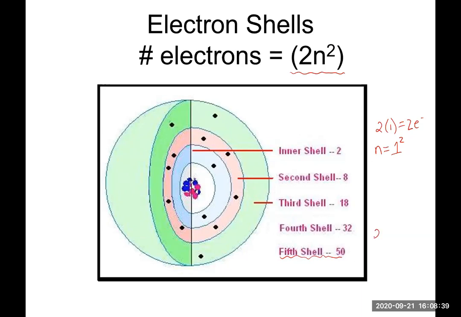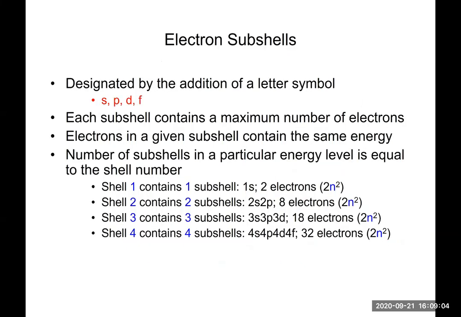So we have 2 times, we plug this in for n, 5 squared. 5 times 5 is 25, and 2 times 25 equals 50. And so that means in n equals 5, or the 5th shell, we can have a maximum of 50 electrons. And I'll leave the rest for you to go back and calculate because we looked at them on the previous slide.